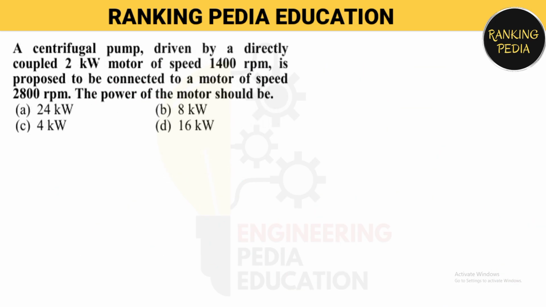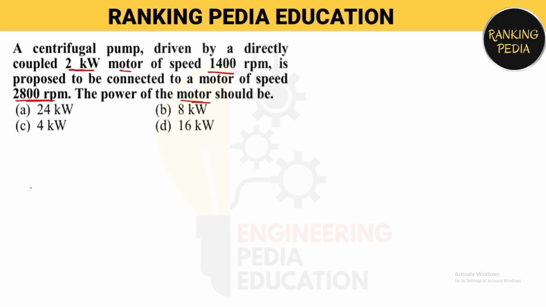Next question: a centrifugal pump driven by a directly coupled 2 kW motor of speed 1400 rpm is proposed to be connected to a motor of speed 2800 rpm. The power of the motor should be? So we have to calculate the power.